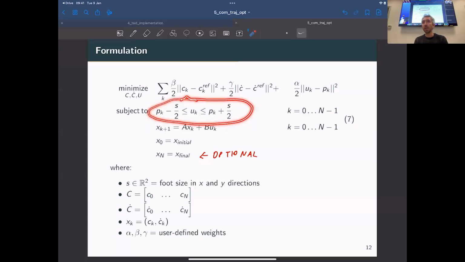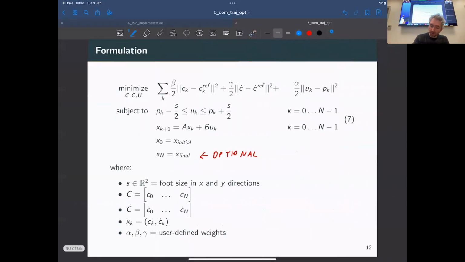So these are basically saying that the center of pressure should remain inside the foot. So the foot is this PK, the center of the foot, and S would be the size of the foot. So this is a variable 2D which represents the size in the X and Y direction, assuming you have a rectangular foot.